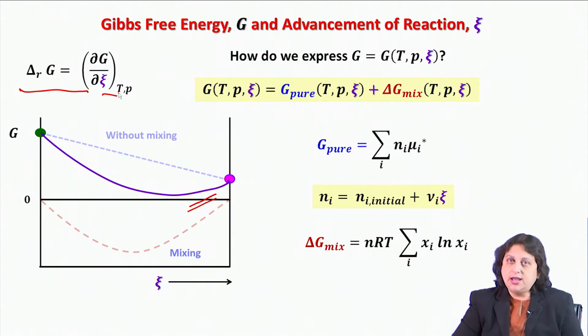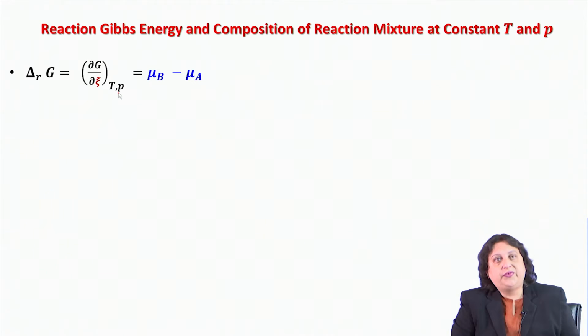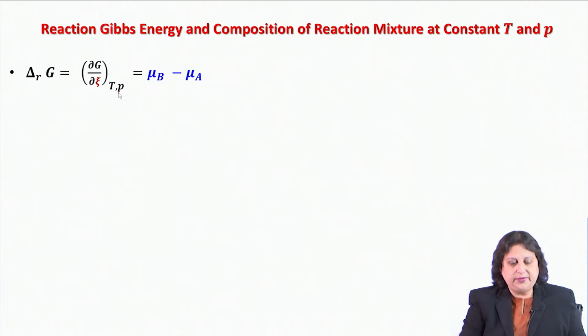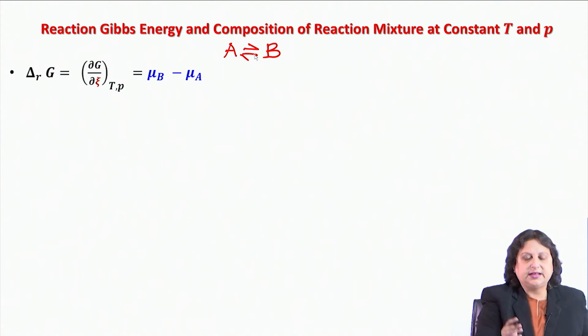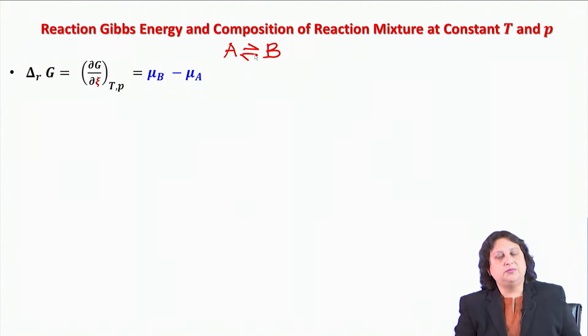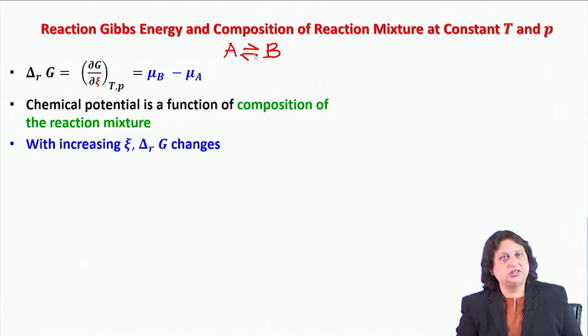Now let us try and put all the components of our discussion together. So let me say that we have defined delta r G, that is the reaction Gibbs energy, as del G del xi at constant T and p, and for a given very simple reaction like A reversible B, I know that this is nothing but mu B minus mu A. Now I understand that the chemical potential is a function of the composition of the reaction mixture.